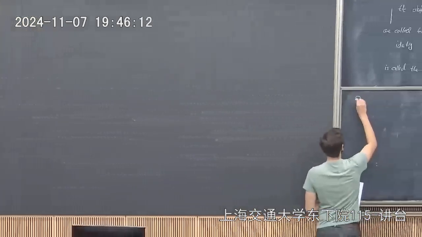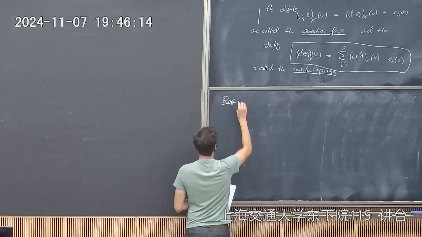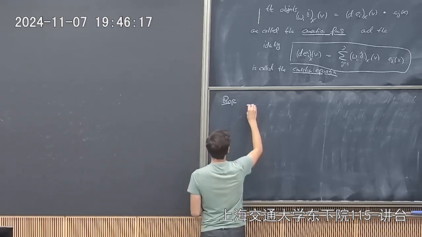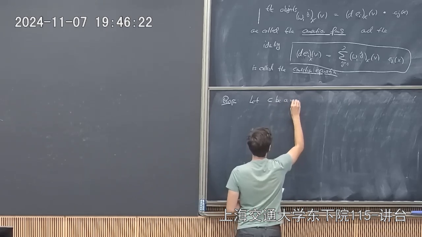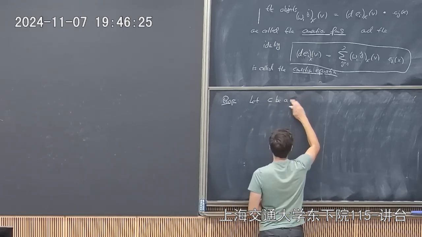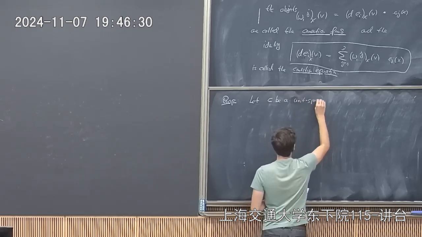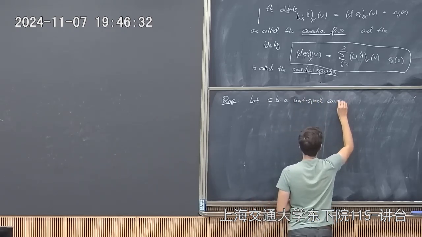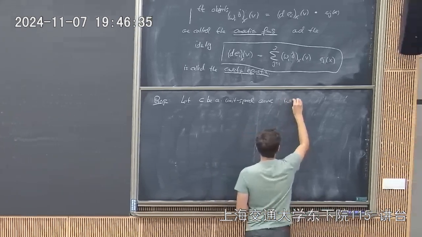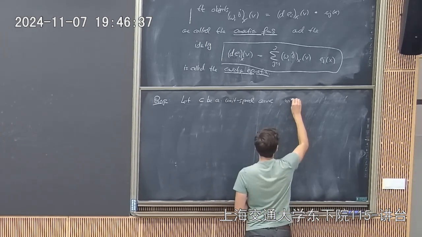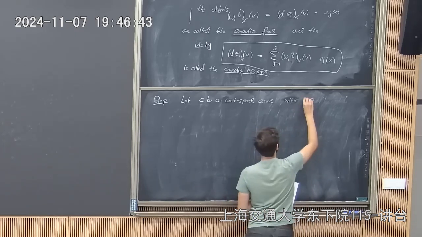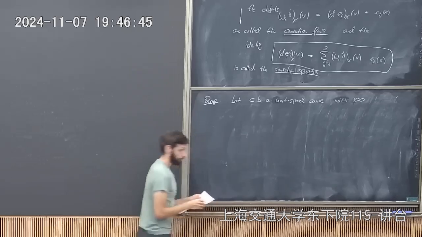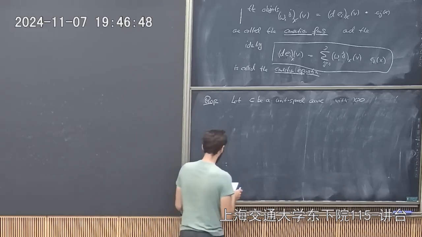Let C be a unit speed curve, and assume that the curvature, kappa, is greater than 0, so we can talk about the Frenet frame.